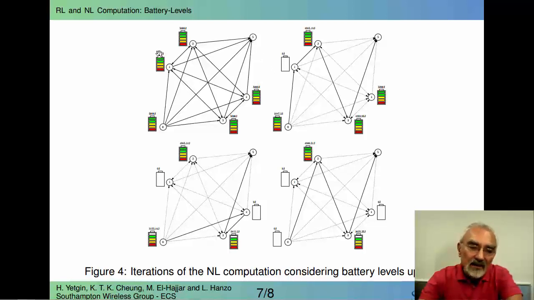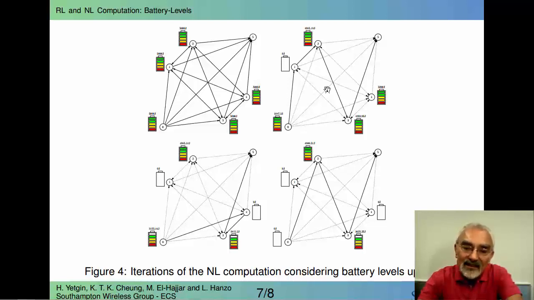So each of the batteries are assumed to have a total energy of 5,000 joules, and as the routing progresses, we can see in the top right hand corner that this particular node here is now depleted in terms of its battery charge, and that limits the potential number of routes. Of course, the scenario is even more complex when the nodes are mobile and they change places.